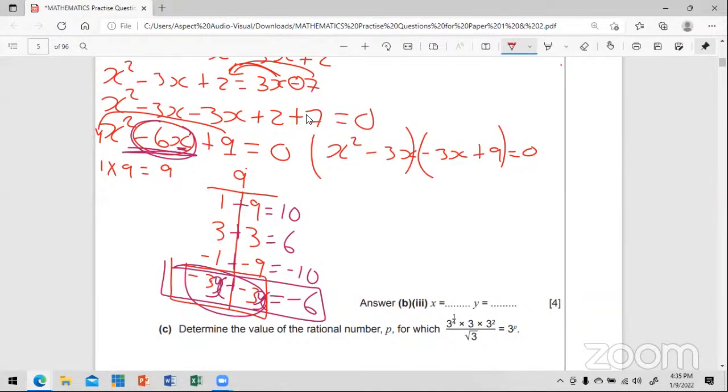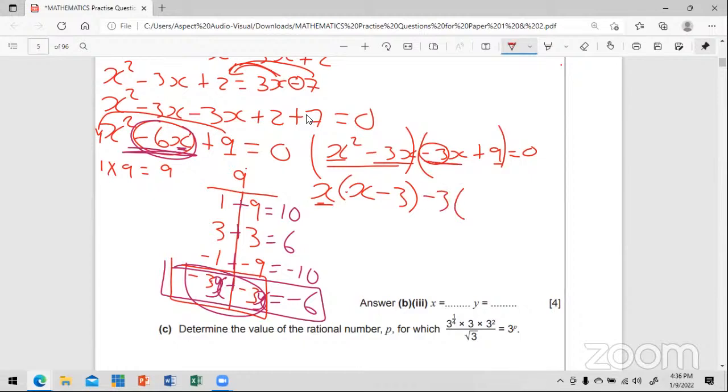Wonderful. Okay, so now what is common in this is x. So it's x, and then x squared divided by that, you get x. Negative 3x divided by that, you get minus 3. And then what is common in this one? It's actually 3, but remember the x inside here is positive, therefore you need to factorize out negative 3.